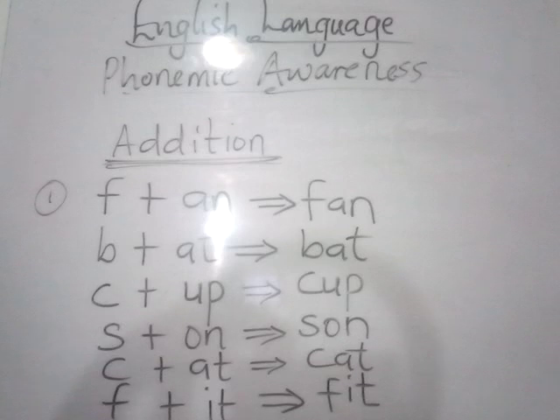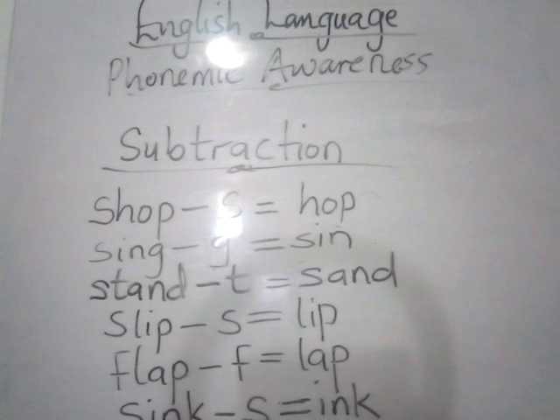Okay, so we quickly look at subtraction and we'll wrap it up. So let's quickly look at subtraction in phonemic awareness. When we talk of subtraction in phonemic awareness, it simply means removing certain sounds from words and then forming new words.